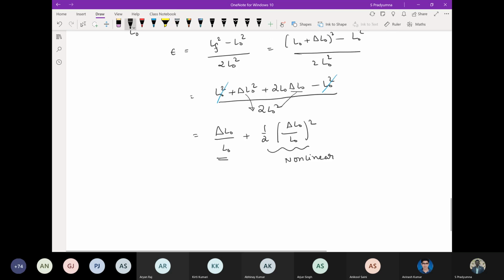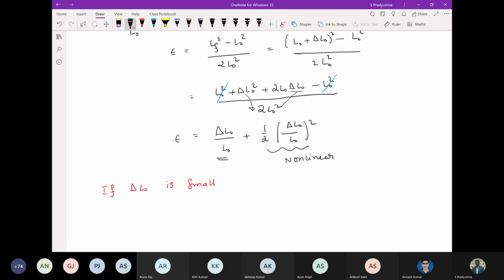Now, when should we consider this expression for strain, and when should we consider epsilon is equal to delta L0 by L0? Suppose I assume that delta L0 is small, we expect a very small displacement or deformation.